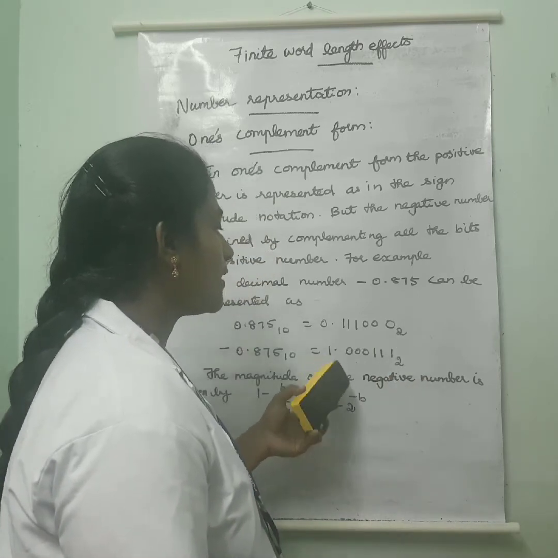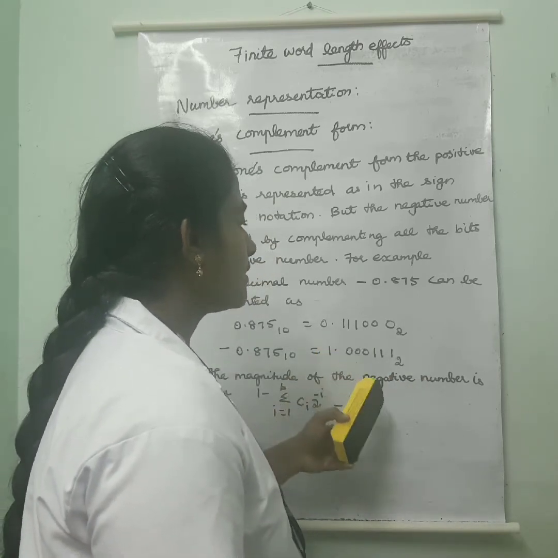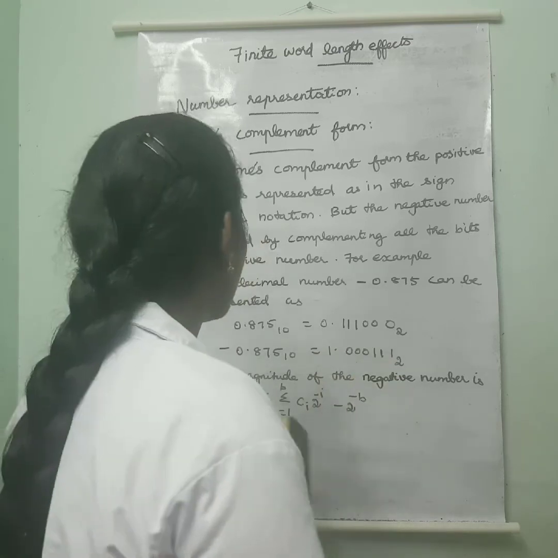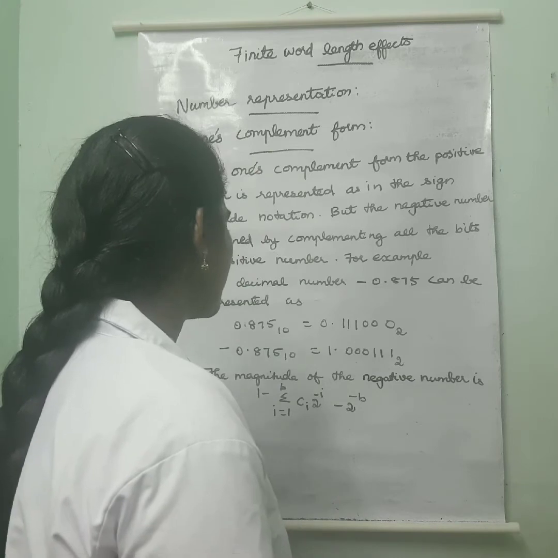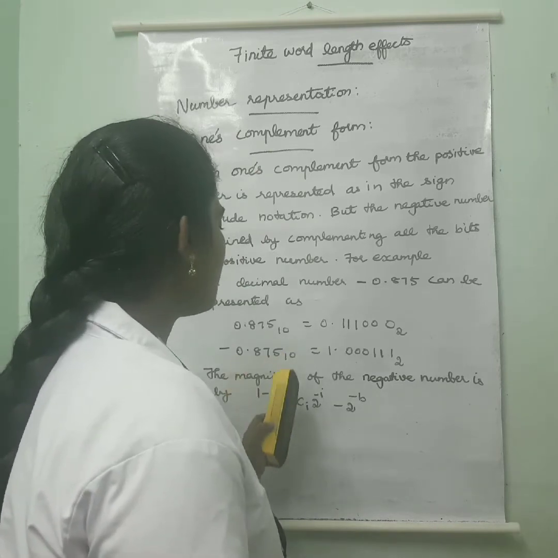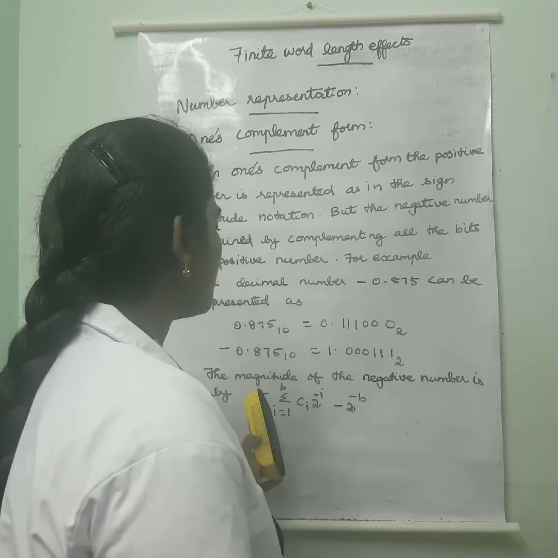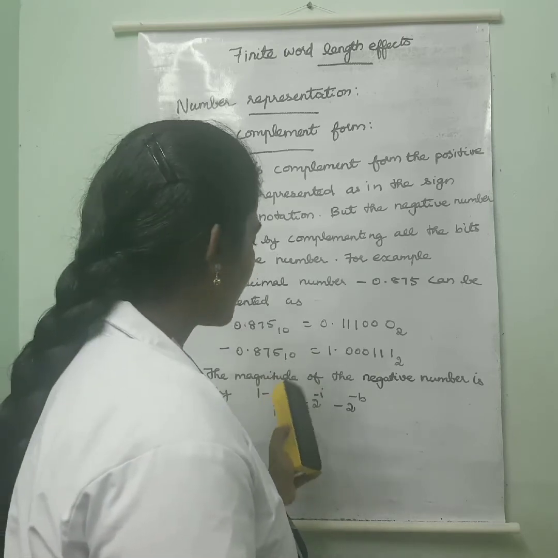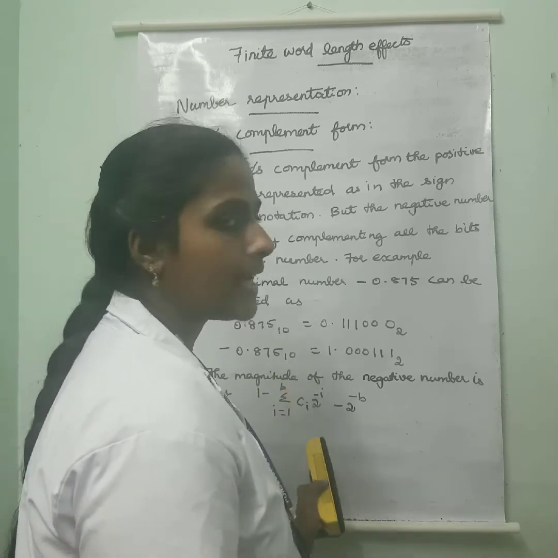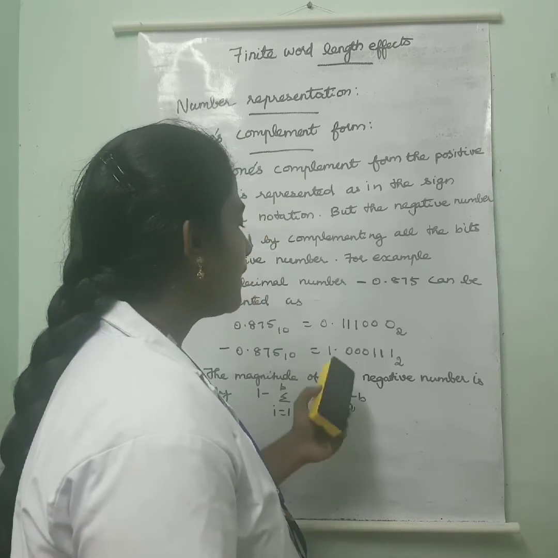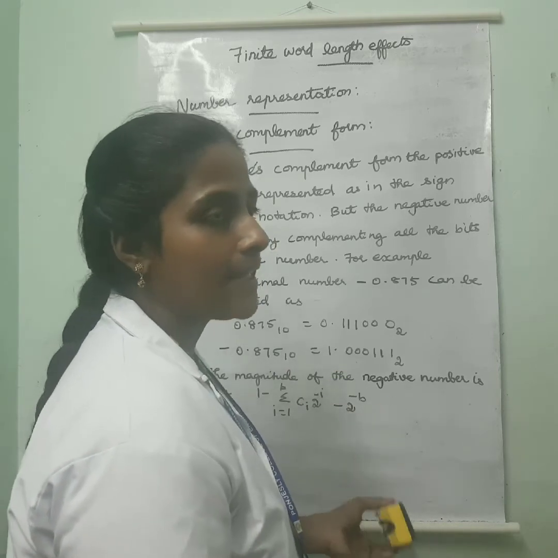So you will get 1.000111. The magnitude of the negative number for 1's complement is given by 1 minus summation i equal to 1 to b of ci 2 power minus i minus 2 power minus b.